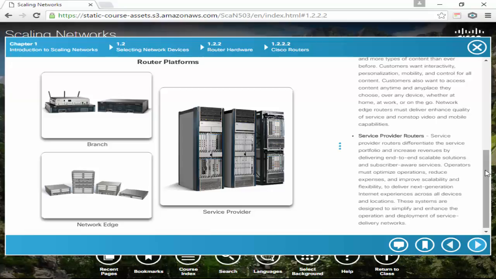Operators must optimize operations, reduce expenses, and improve scalability and flexibility to deliver next-gen internet experiences across all devices and locations. These systems are designed to simplify and enhance the operation and deployment of service delivery networks. Alright. Small business, bigger business, internet service providers. That's basically what they're saying, right?